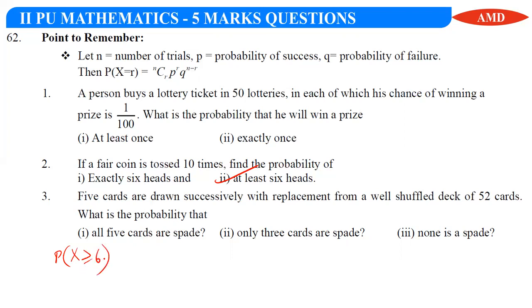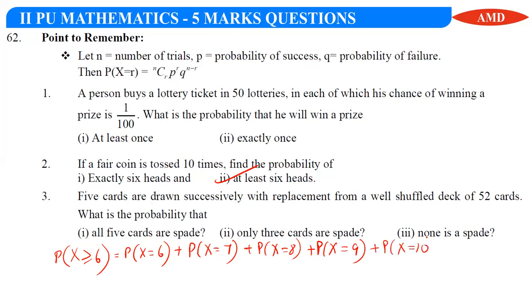Minimum, at least, means greater than or equal to 6. This is equal to probability of getting x equal to 6 plus probability of getting x equal to 7 plus probability of getting x equal to 8 plus probability of getting x equal to 9 plus probability of getting x equal to 10. So when I say at least 6 heads, it could be more than 6 also.